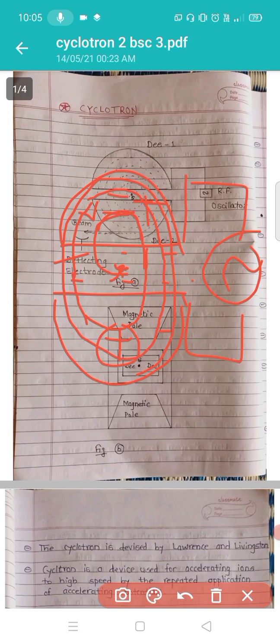After completing the periphery of the apparatus, it comes out through a small window to hit the target.